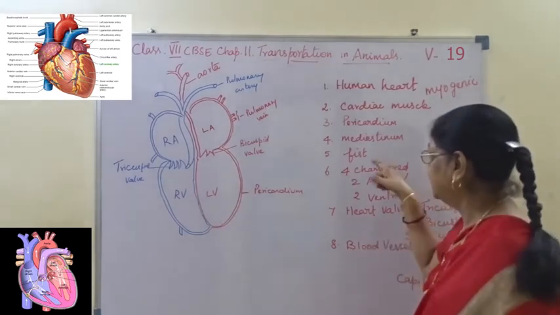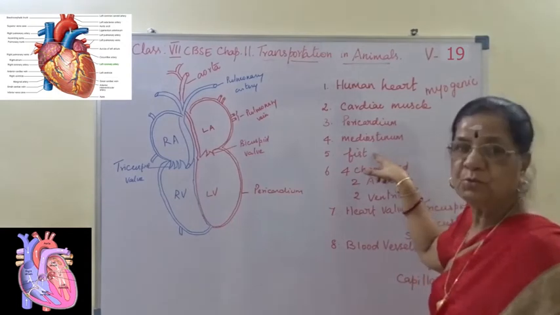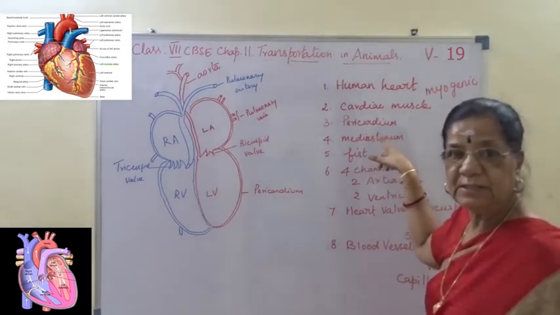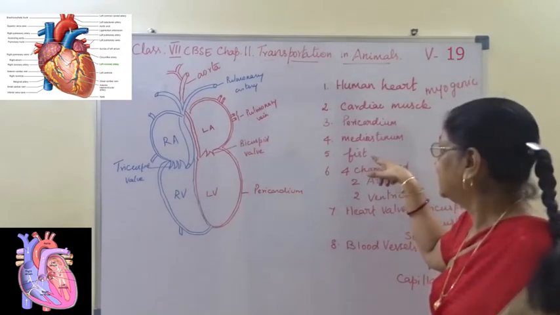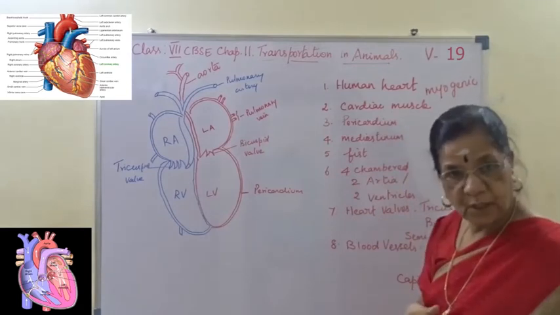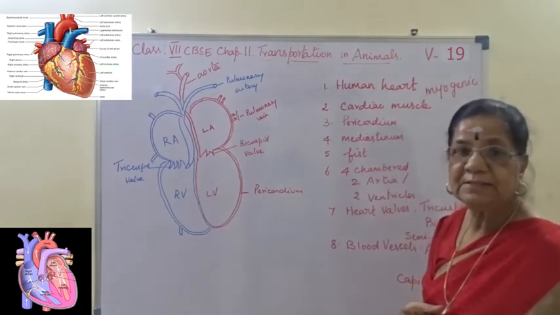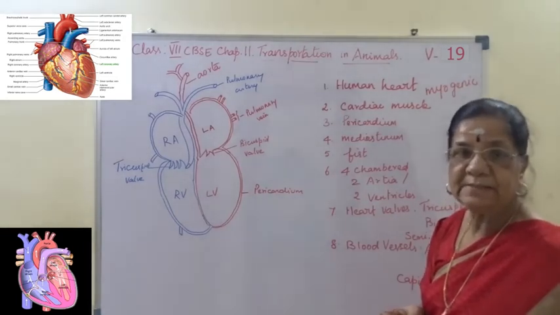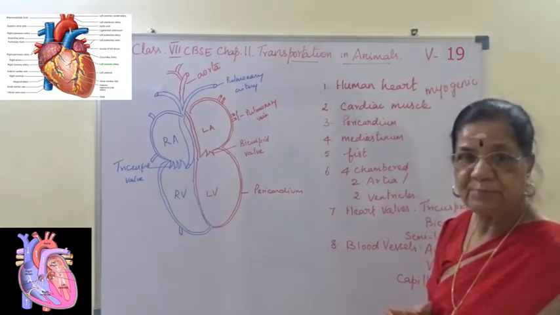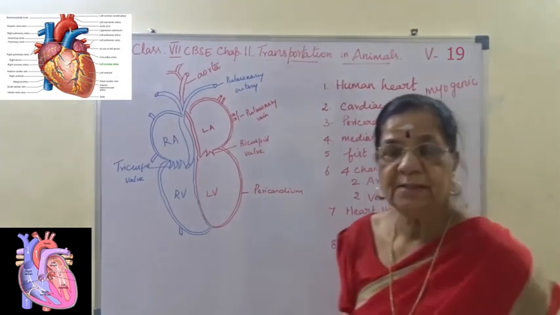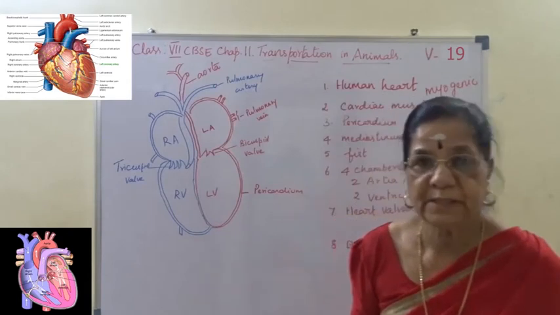So first, it is located in the mediastinum position in between the two lungs. The size of the heart is one's own fist. The heart is made up of cardiac muscle, where it is myogenic. It can initiate the rhythmic activity of the heartbeat. Then it is covered by a two-layered membrane called the pericardium.